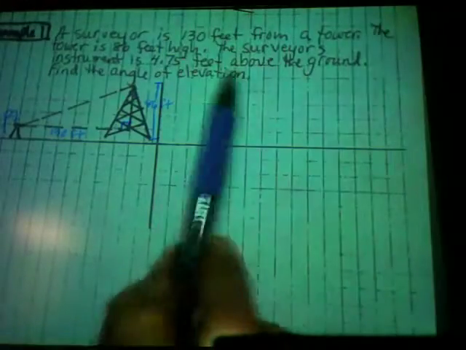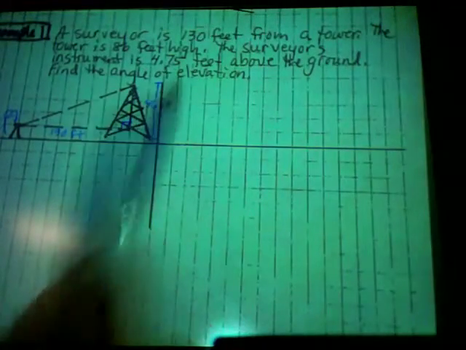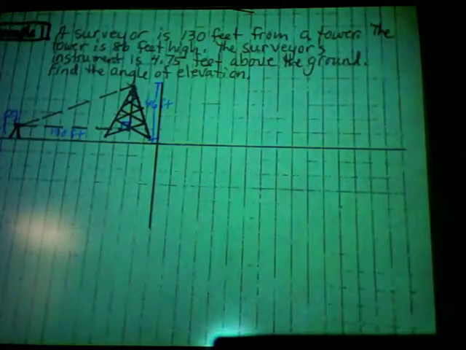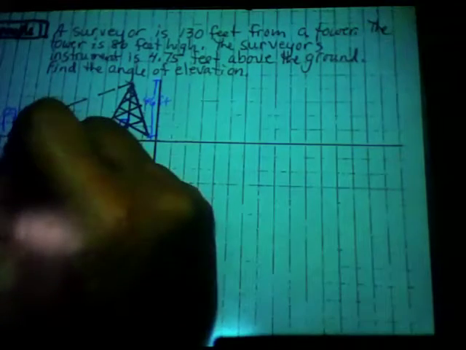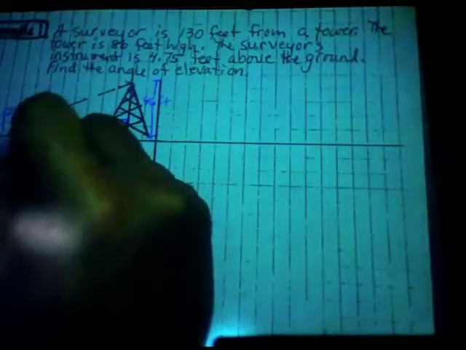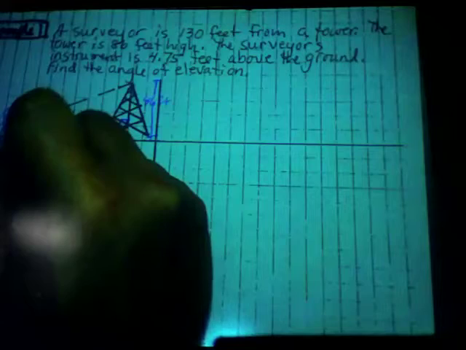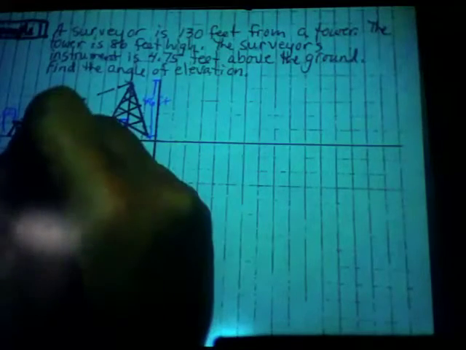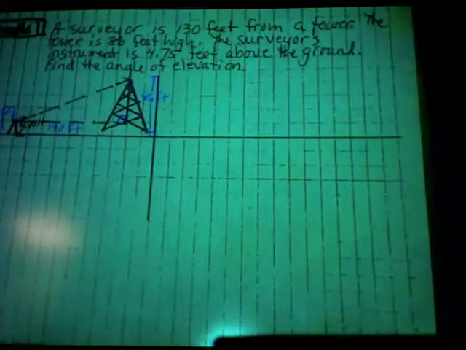And then it goes to say the surveyor's instrument is 4.75 feet above the ground. So this distance from here to here is the 4.75 feet. Oftentimes they're going to say to you, your eyes are 5 feet off the ground.